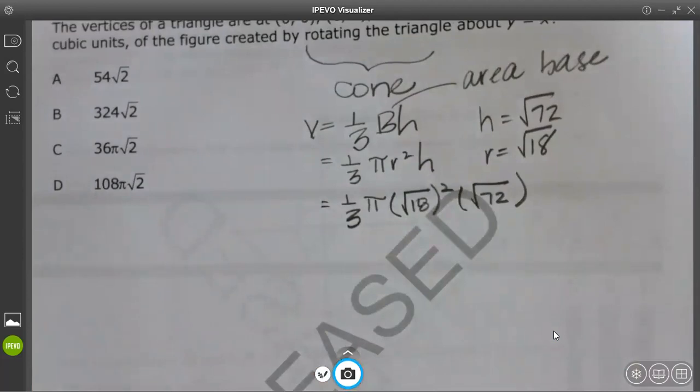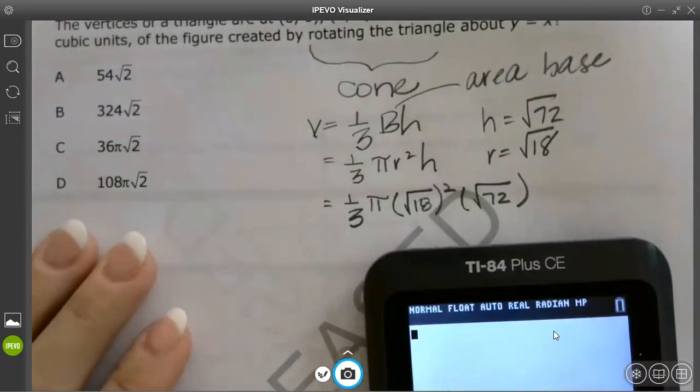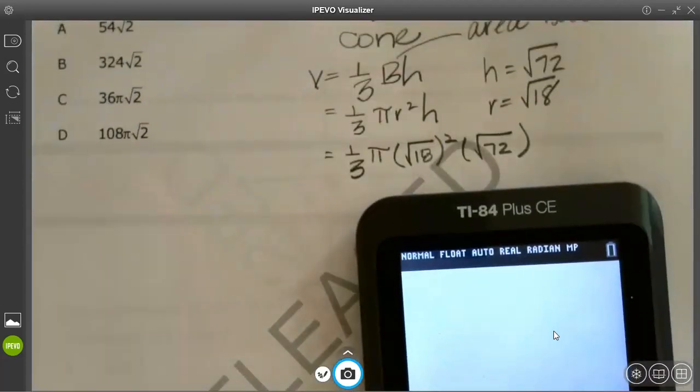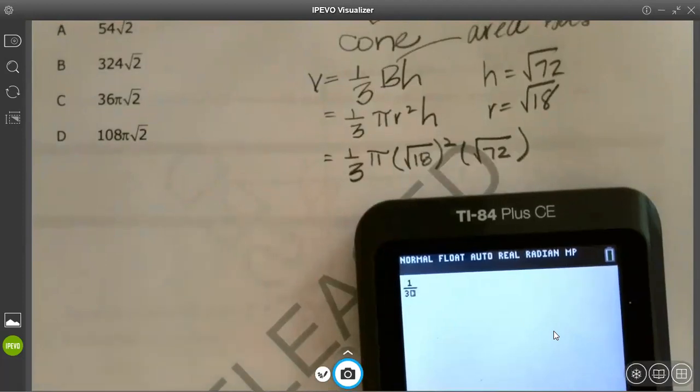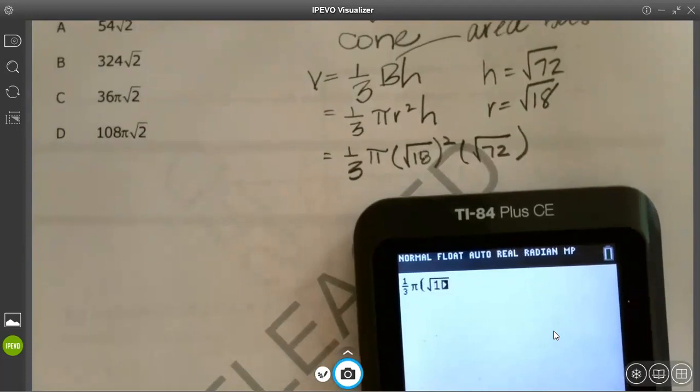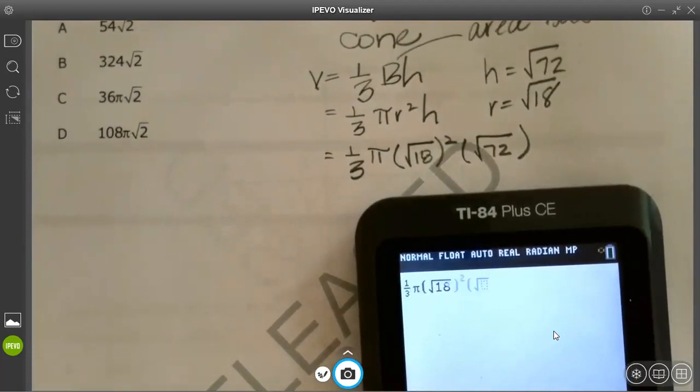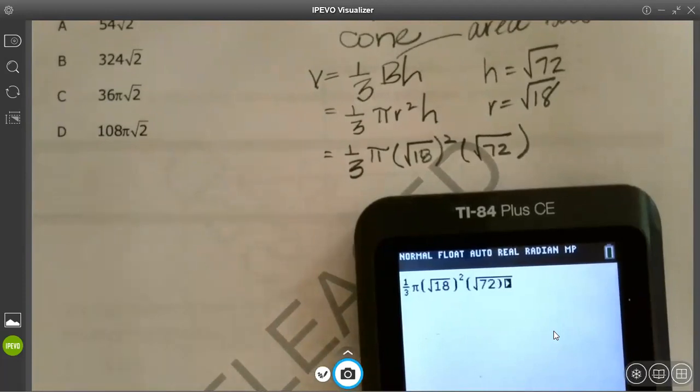There's a couple different ways that you can do this. I'm kind of lazy, and that's okay. I'll tell you that all the time. Especially if it's multiple choice, I get real lazy. So I'm going to put this in and get my decimal. I will do it a different way in a minute, but I just want to show you. 1/3 pi, square root of 18 squared, square root of 72.